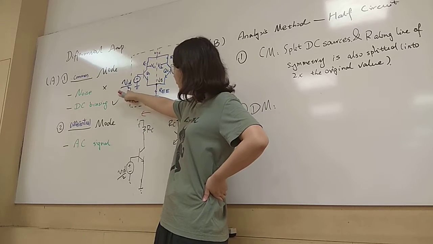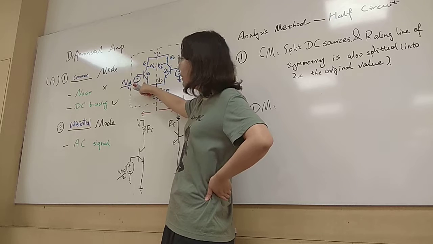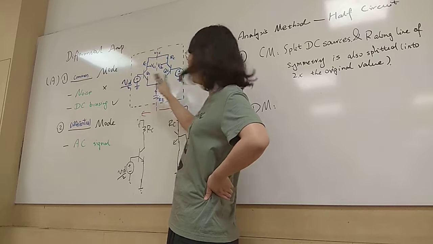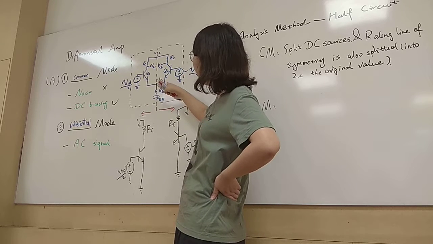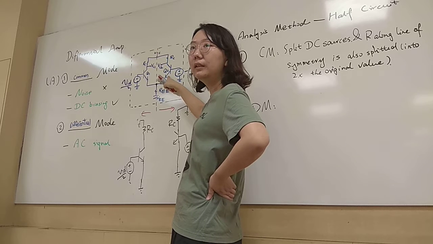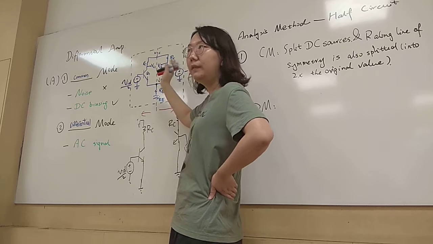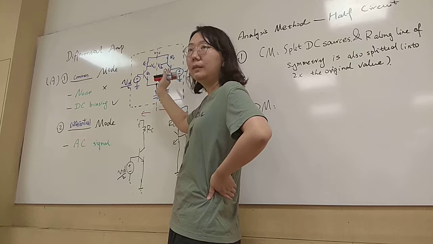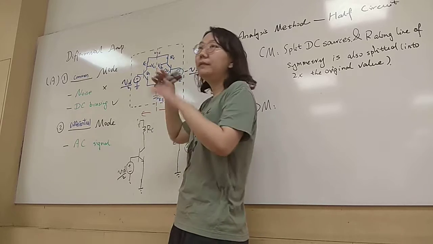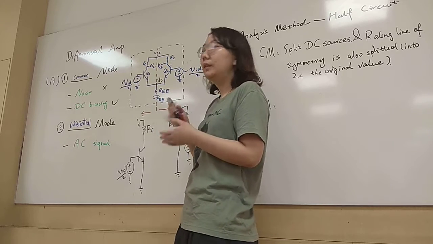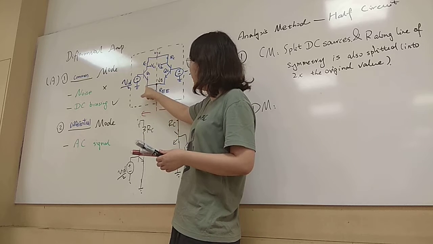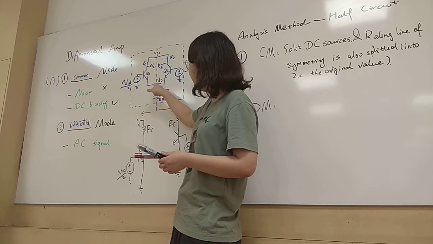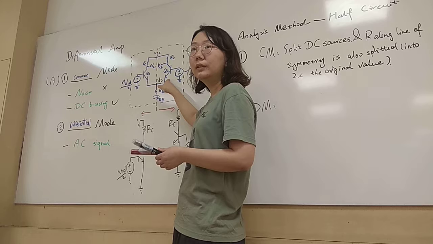If this input source gives a current going out of this emitter, the other input source will give a current going into this emitter. And because their values are the same, these two currents will have the same value. Okay? So we can say that whatever current flows into this node will be whatever current flows out of this node.